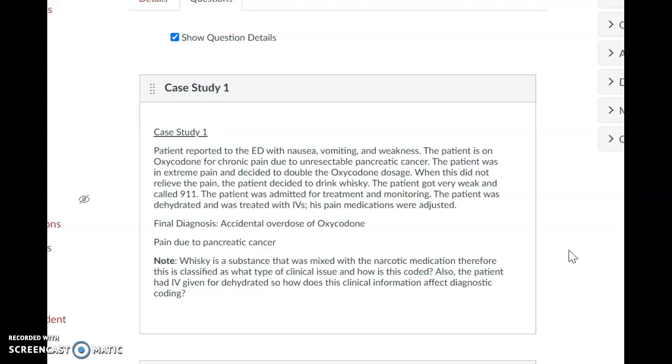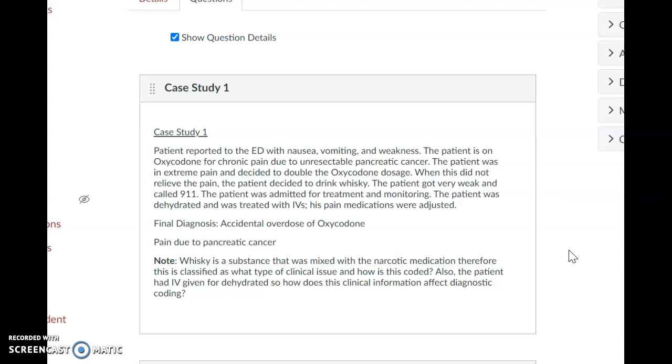They were admitted, treated. They were dehydrated. They had IVs, and pain medication was adjusted. So a couple of different things here. When you have a prescribed medication with the oxycodone and you double the medication, this is poisoning automatically.